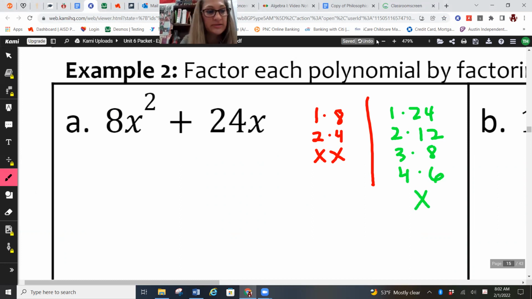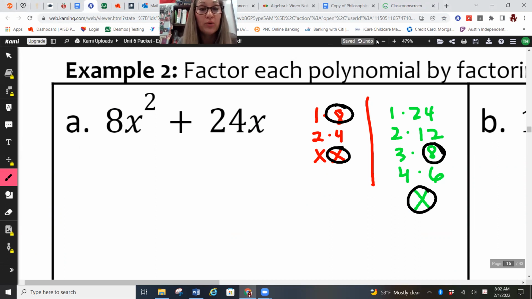And x. Circle the GCF. What's the greatest number that they share? Well, this one's greatest is an 8, and this one has an 8, so the GCF is 8. This one only has 1x, so I can only circle 1x from both.